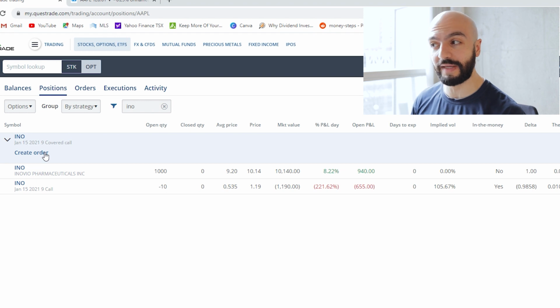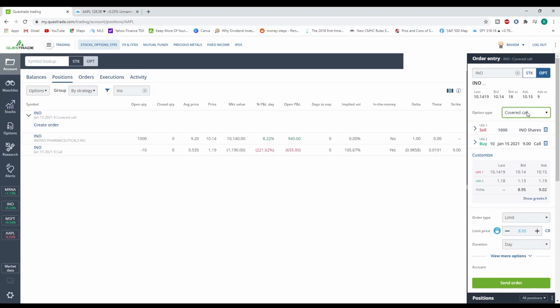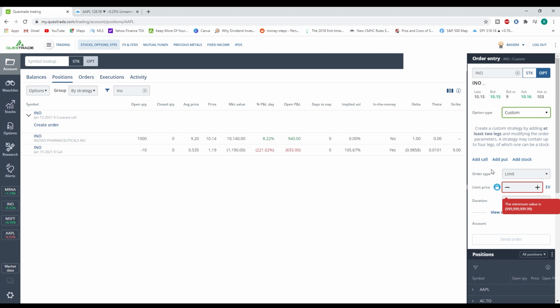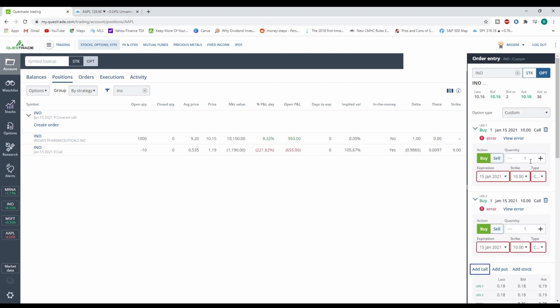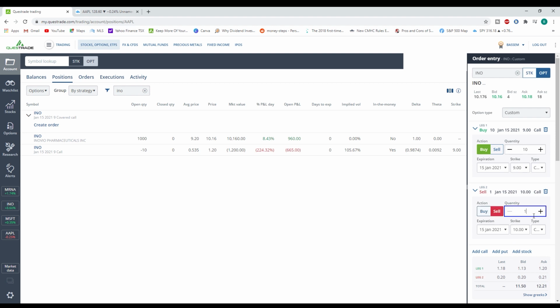So I'll do the same thing again. I'll go custom, add a call, buy back the exact one you sold, sell new ones. I'm going to go with still the $9 strike. Isn't it weird that I'm selling $1 less?